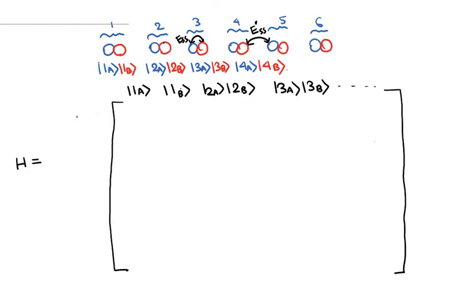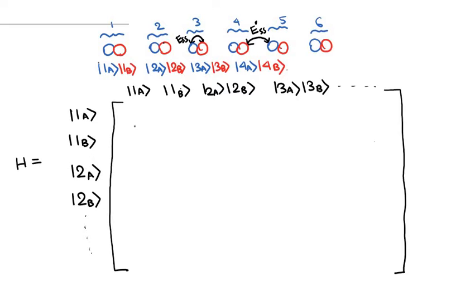The first row corresponds to the equation for the wave function at the first atom in the first unit cell. The second row corresponds to the equation for the second atom in the first unit cell. The third row corresponds to the equation for the first atom in the second unit cell, and the fourth row corresponds to the equation for the second atom in the second unit cell, and so on.